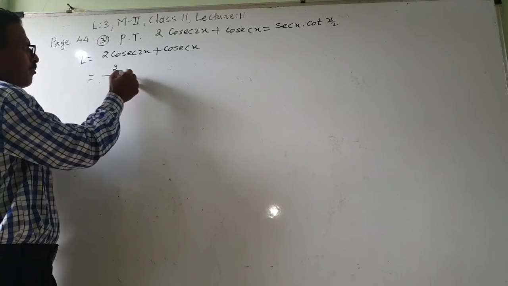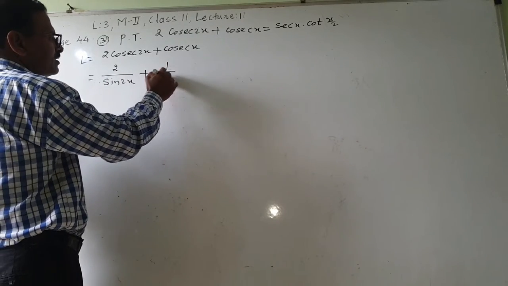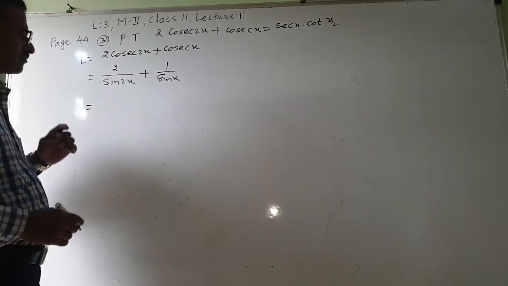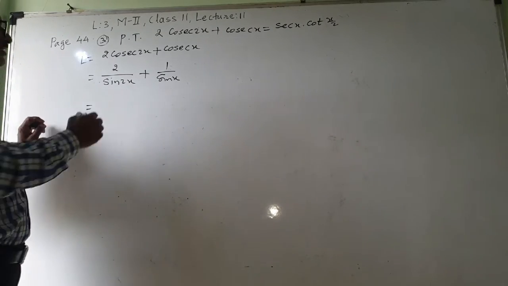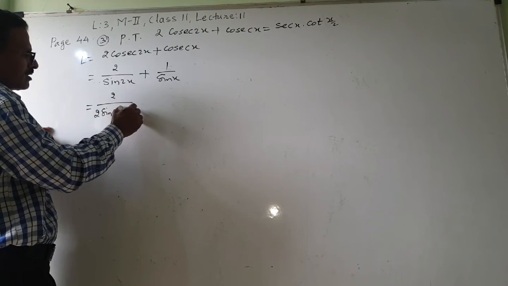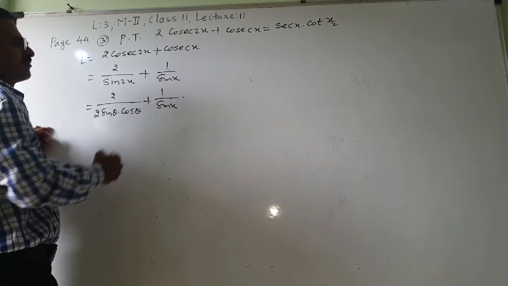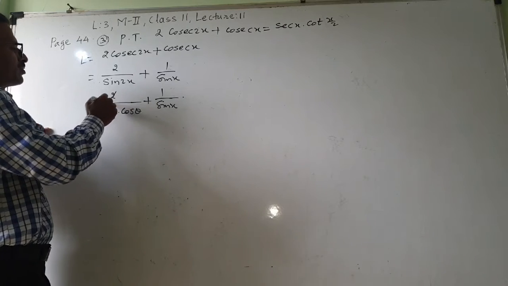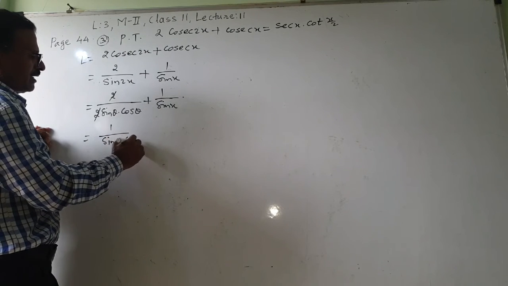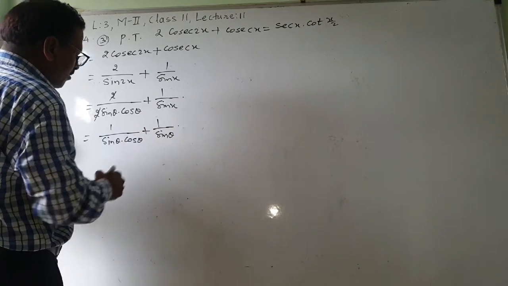So 2 upon sine of 2x plus 1 upon sine x. Sine 2 theta is 2 sine theta into cos theta. So 2 upon 2 sine theta into cos theta plus 1 upon sine theta. These two cancel, so it remains 1 upon sine theta into cos theta plus 1 upon sine theta. Now how to solve this?